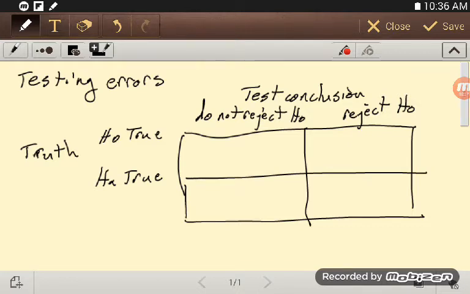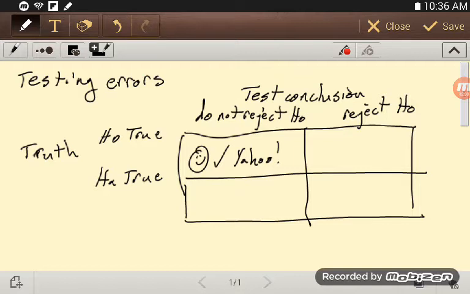Okay, it could be that H0 is true and we do not reject it, and therefore, hey, we're happy. We'll make a nice smiley face, we put a check mark, we say Yahoo. That's great, because H0 is true and we do not reject it.